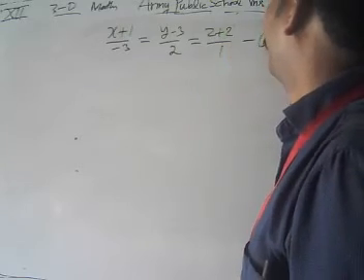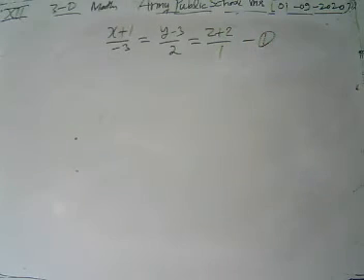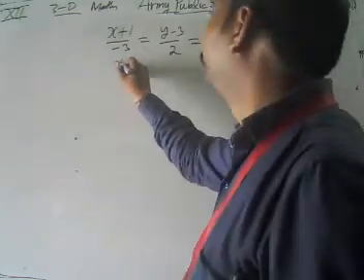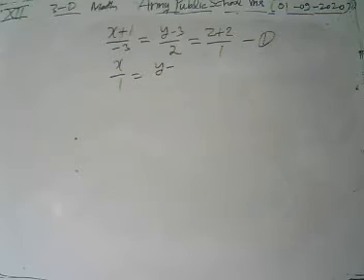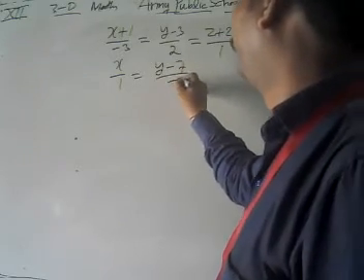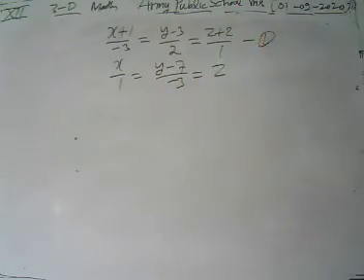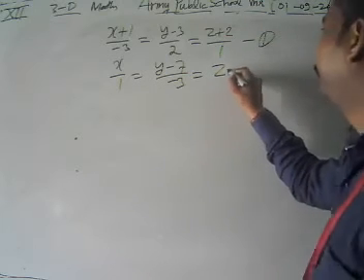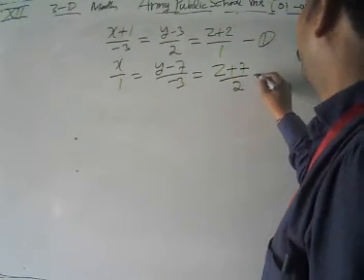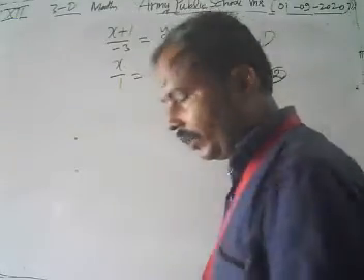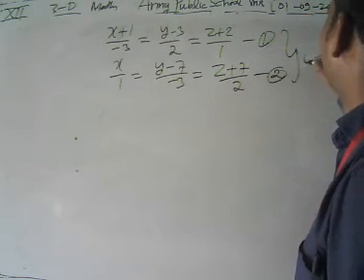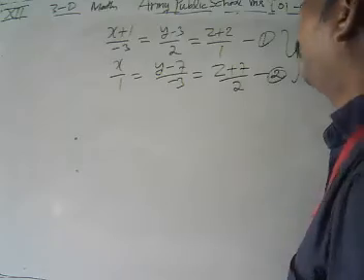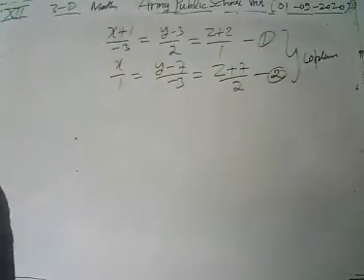The second is x by 1, equals (y minus 7) upon minus 3, equals (z plus 7) by 2. We have to show that the given lines 1 and 2 are coplanar to each other.